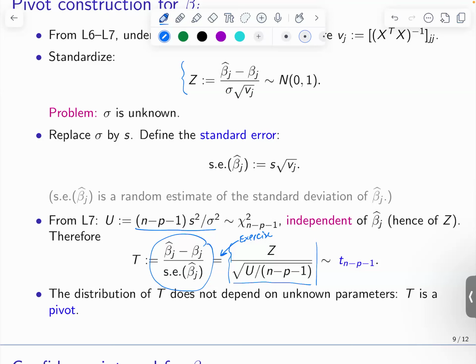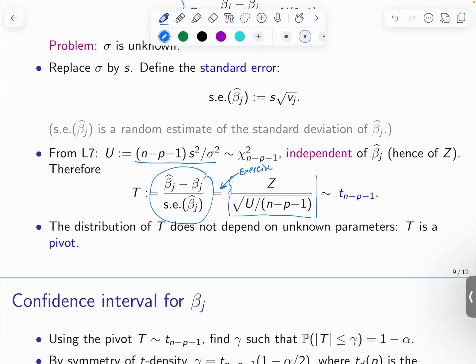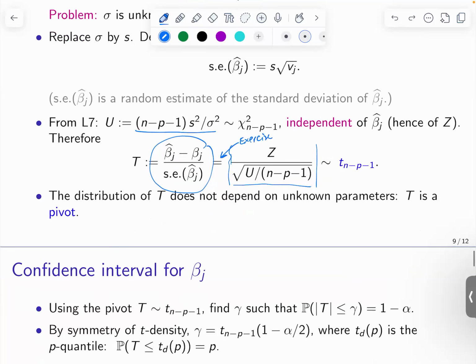Now because I have a pivot, which happens to have a t-distribution, with that many degrees of freedom, which is just the degrees of freedom of the chi-squared involved in this definition, I can, for example, calculate the probability that the absolute value of t is less than or equal to gamma under our general model, and I can find gamma such that this is 1 minus alpha.